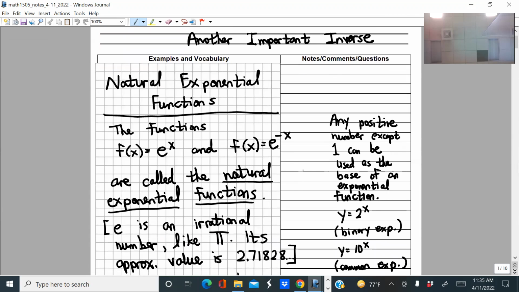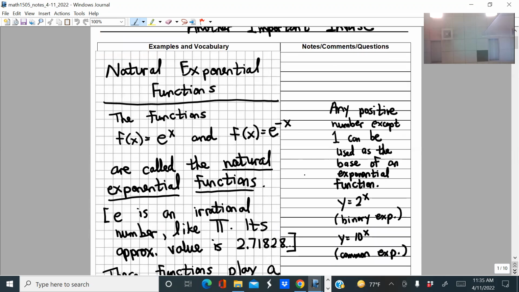Remember, e is a constant like pi. It's an irrational number. Its approximate value is 2.71828, but that's not its exact value because it's irrational. When you write out its decimal expansion, you get a non-repeating, non-terminating decimal. So notice I got the dots here.